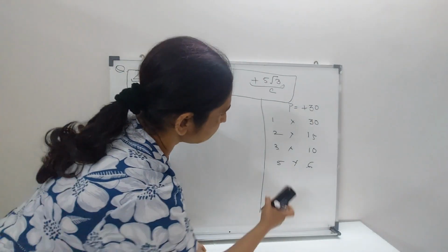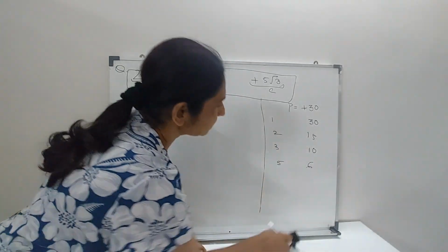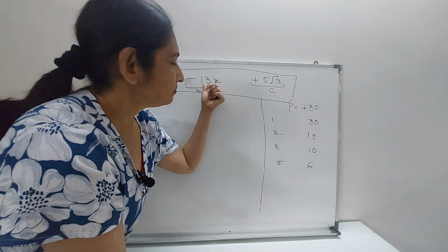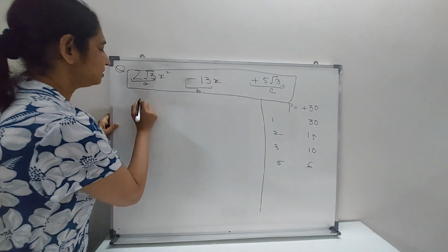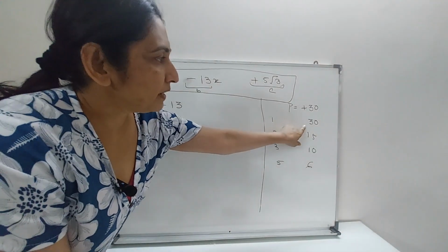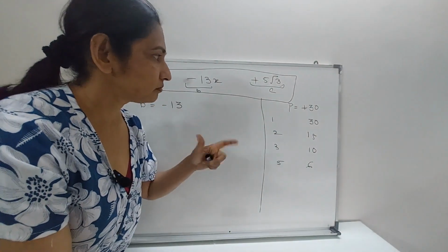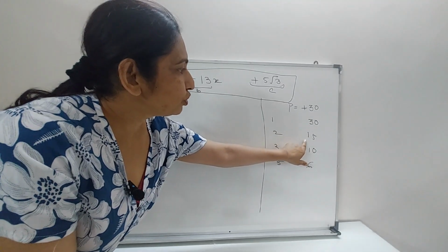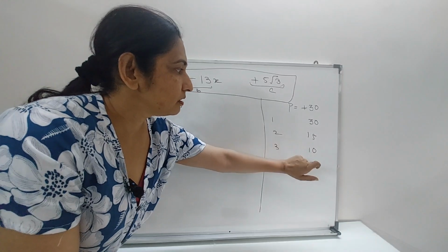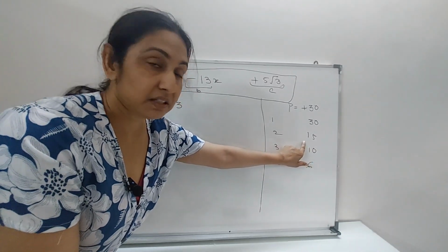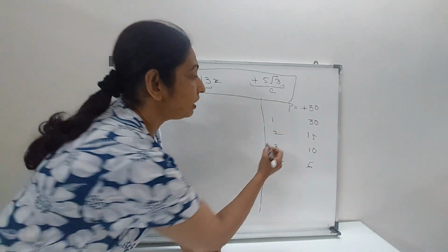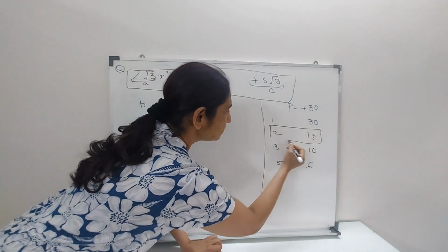So let's see. We'll remove this multiplication. 1 plus 30, 31. What do we need? We need minus 13. 1 minus 30. 2 plus 15, 17. 2 minus 15, you are getting a 13 here.